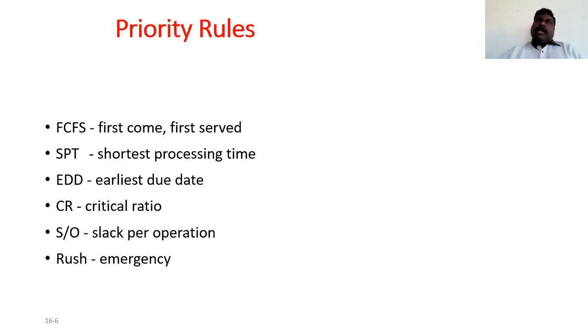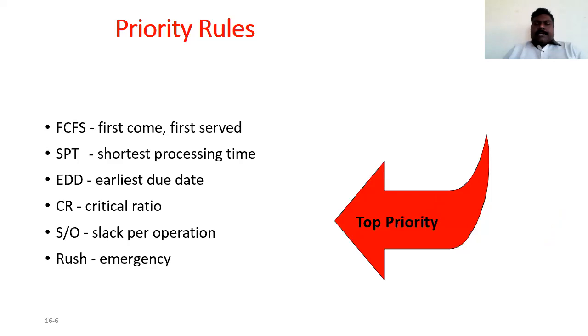But normally first aid will not be done; they will take the patient to the OP, then if it is critical they will check, measure, and do all the tests. So rush and emergency is a priority rule if it is an urgent work. These are the priorities of how you are going to take the job into consideration.